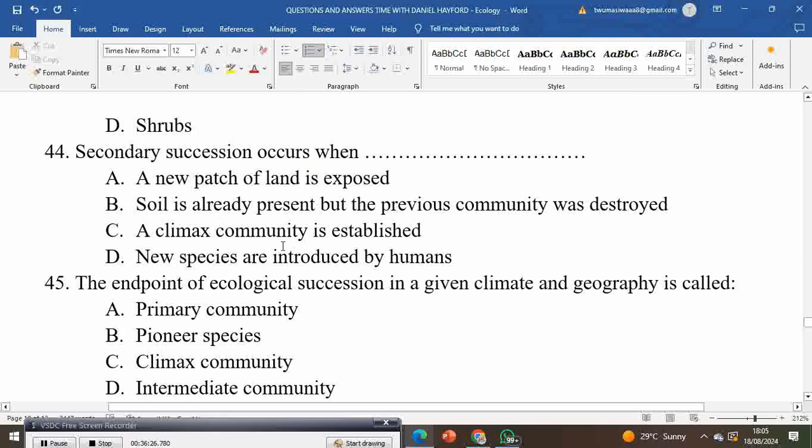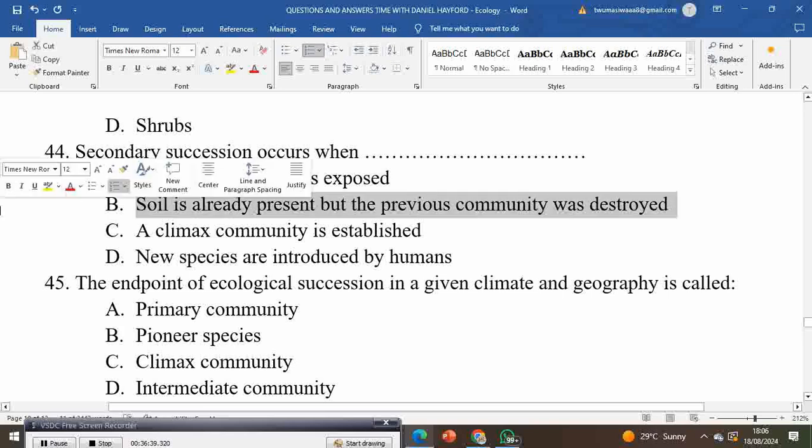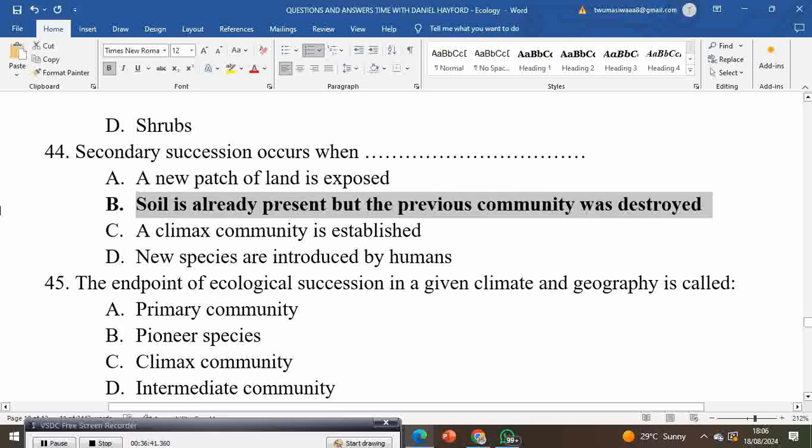C, a climax community is established. D, new species are introduced by humans. Secondary succession occurs when soil is already present in that area, but the previous community has been destroyed.